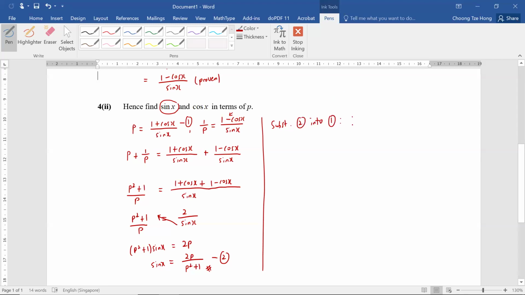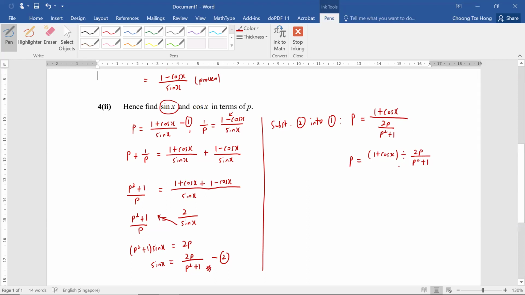If we do that, we will get p equals 1 plus cosine x over, sine x is 2p over p squared plus 1. Let me do the whole step out now. 1 plus cosine x over 2p divided by 2p over p squared plus 1, we can rewrite in this form.